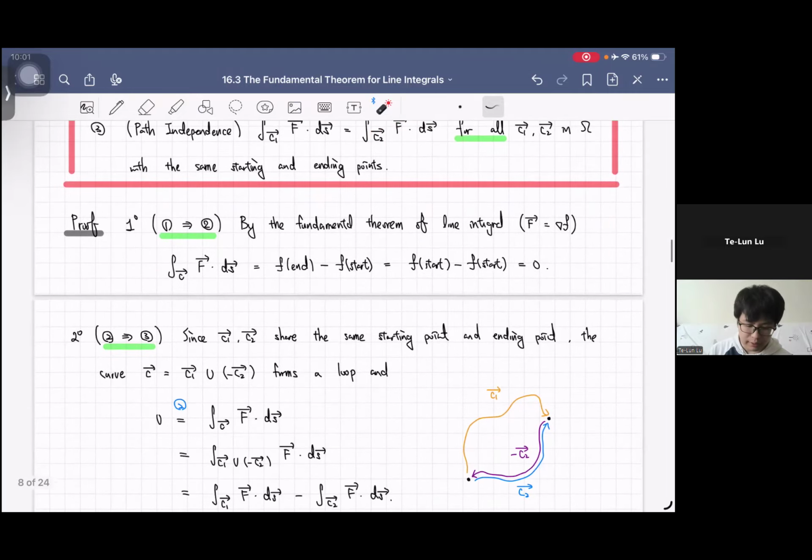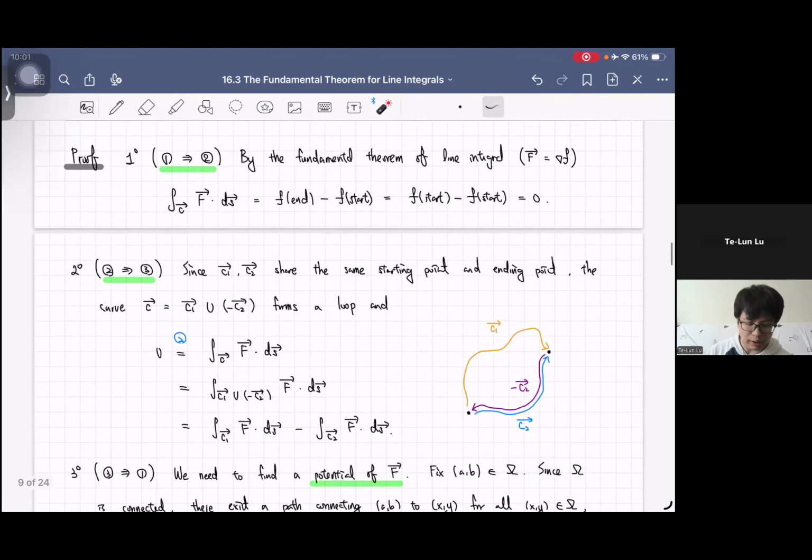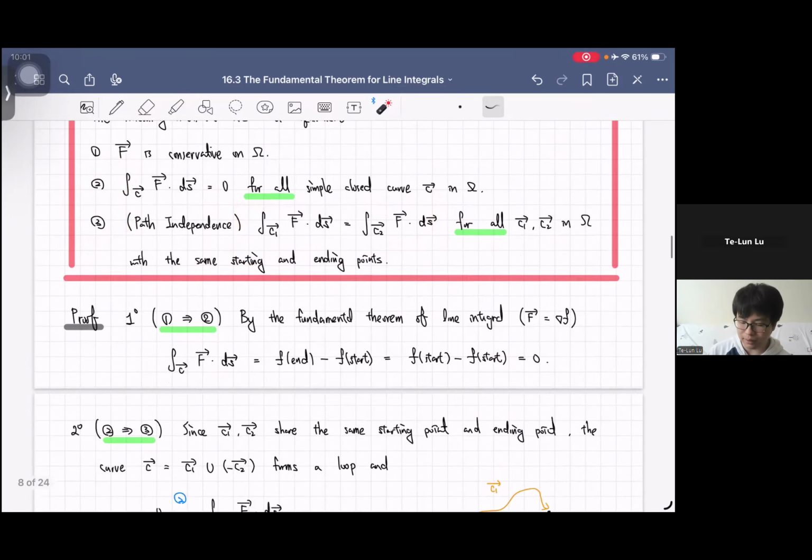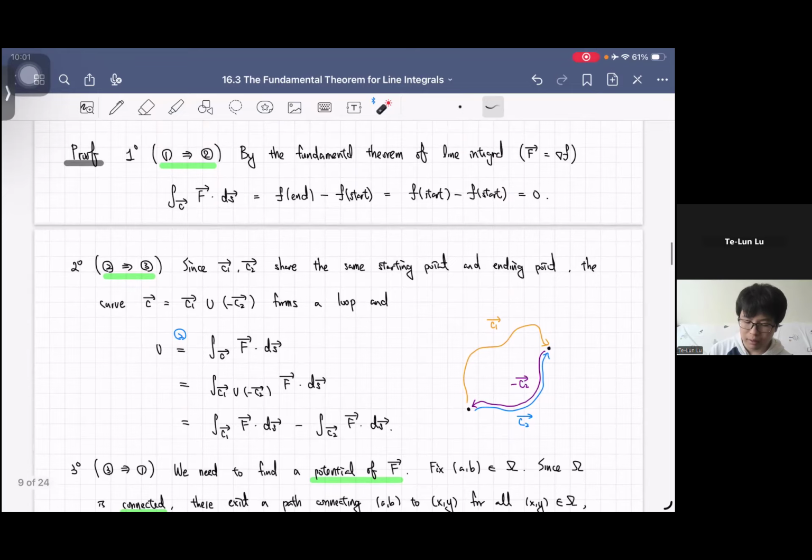The second item here is showing that property 2 implies property 3, meaning that if you have the property that line integration over a closed curve is 0, then we have path independence. And it is actually, again, very simple, because we're now integrating over C1 and C2, right? However, if you join C1 and minus C2, meaning that we're going backwards in C2, we see that C1 in this case is this, C2 in this case is this.